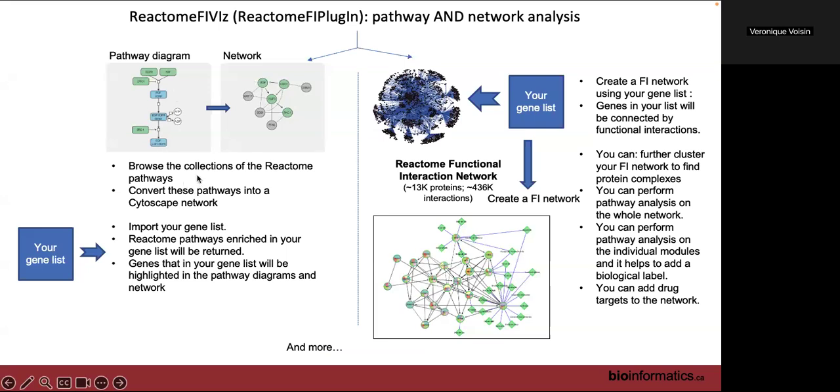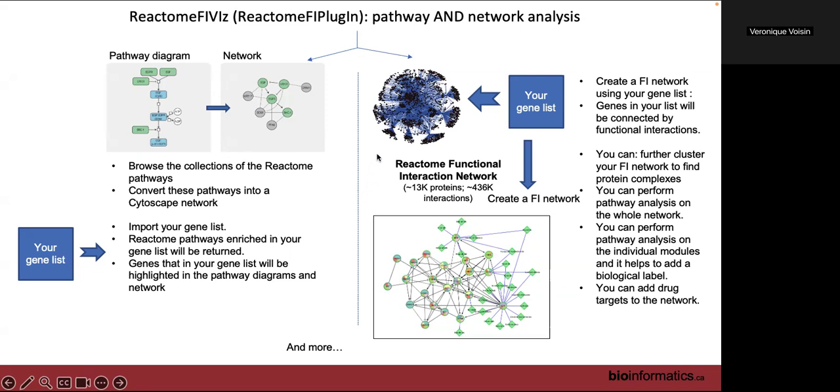But we can not only browse a collection of the Reactome pathways, we can also upload our gene list and do pathway enrichment analysis using our gene list. And we will see we can explore the results based on the pathway diagram.